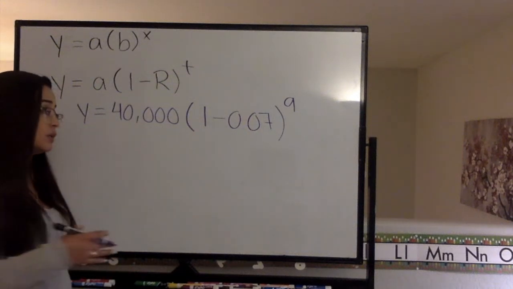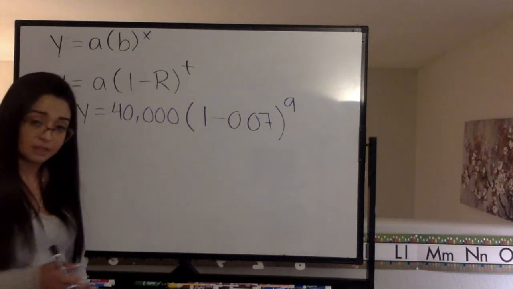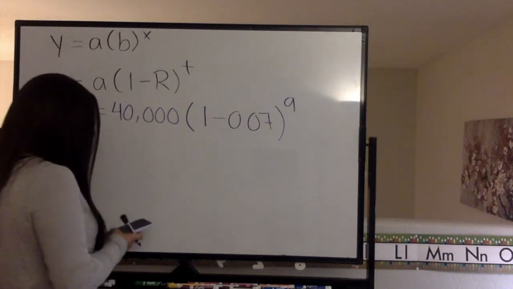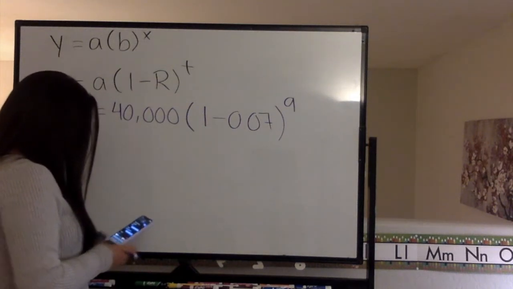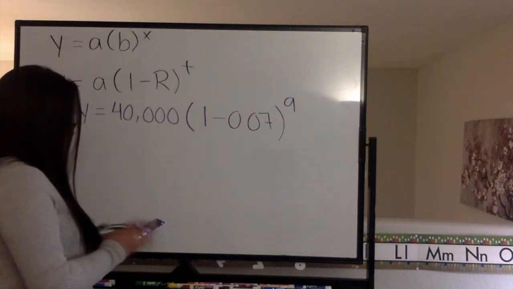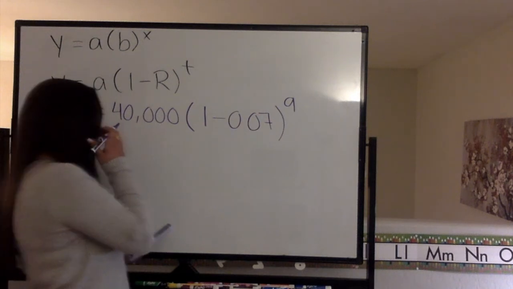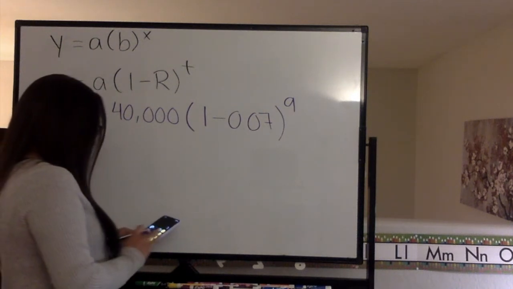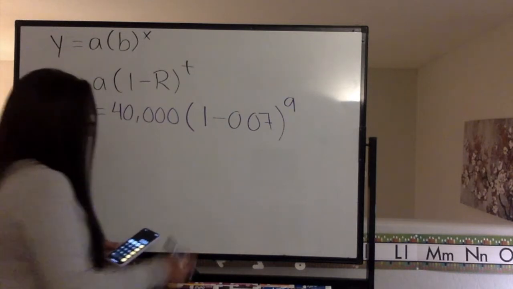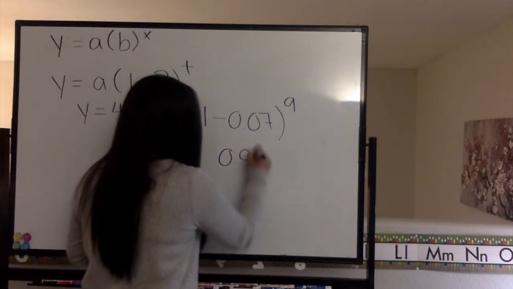Again, we are going to start off with this part of our equation. Of course, feel free to grab your calculator to do this next part. Now, we're going to subtract 1 minus 0.07, which gives us 0.93.